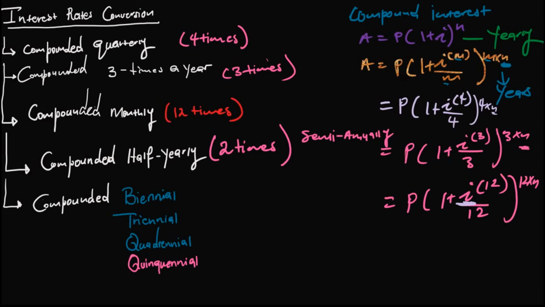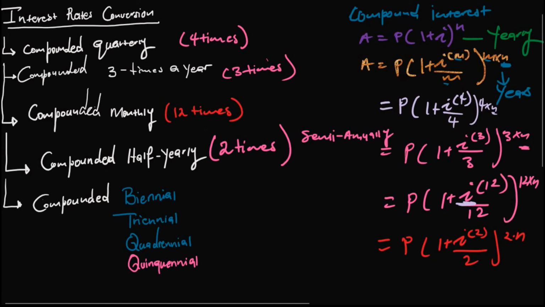And how we treat this, we say that is P into your 1 plus your i(2), because it's 2 times a year, divided by 2, exponent 2n. So you can see that really what is important here is how many times per year you're going to be substituting here.